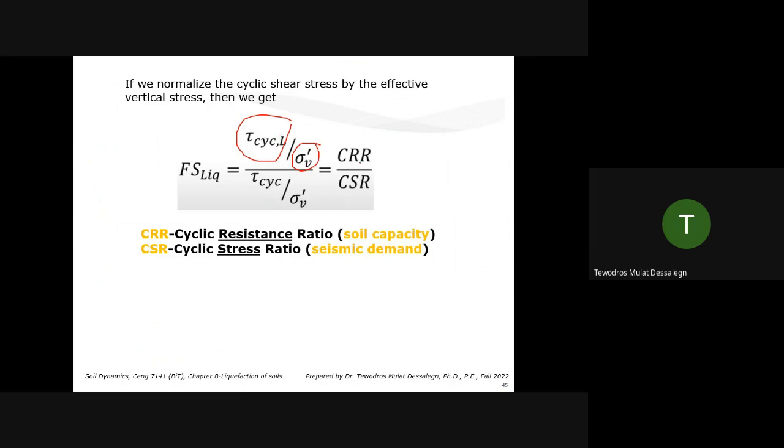We call this CRR, cyclic resistance ratio, because this is a resistance. This is the soil capacity. And this is the cyclic stress ratio, the seismic demand divided by the effective stress at that depth. It's a stress caused by the earthquake. This is the capacity of the soil.